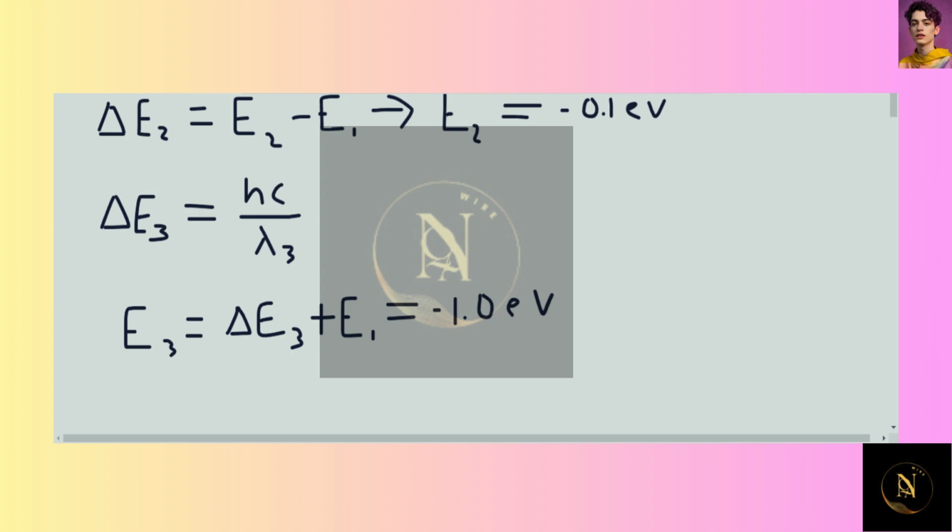Okay. And then now for the last one, we get a value. So we could call this delta E4, which also comes from hc over lambda.